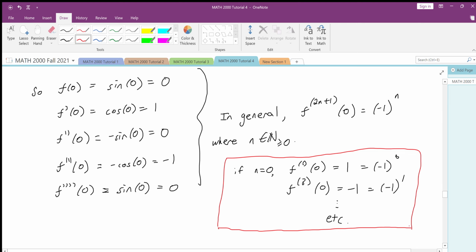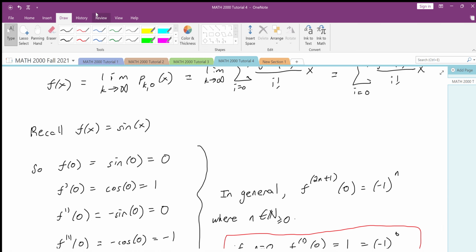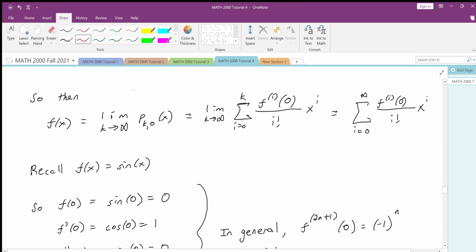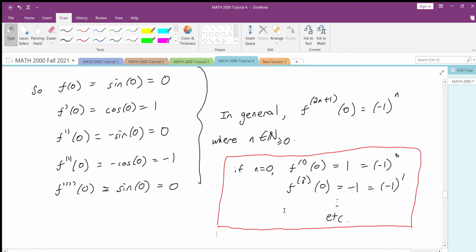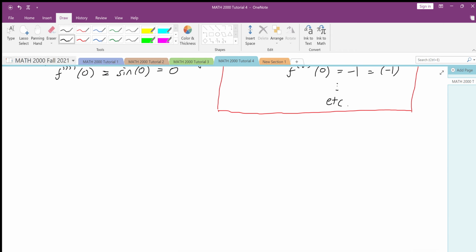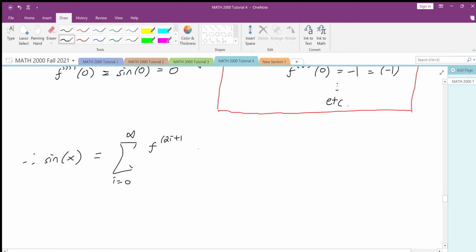So now we take this information and substitute it back into there. And keep in mind, whenever the derivative is an even derivative, it's just equal to 0. So therefore, sine of x, which is just f of x, is equal to the sum of f to the power 2i plus 1 at 0 divided by 2i plus 1 factorial, x to the power 2i plus 1.